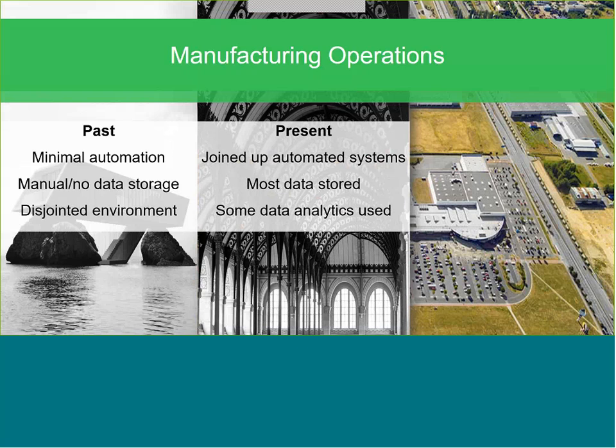So there is some data analytics normally used when we are storing that data, and there's lots of different variants with that. It might be just on the plant floor, looking at trends of what's happened over a period of time, so that you can analyze it and hopefully prevent it from occurring in the future.